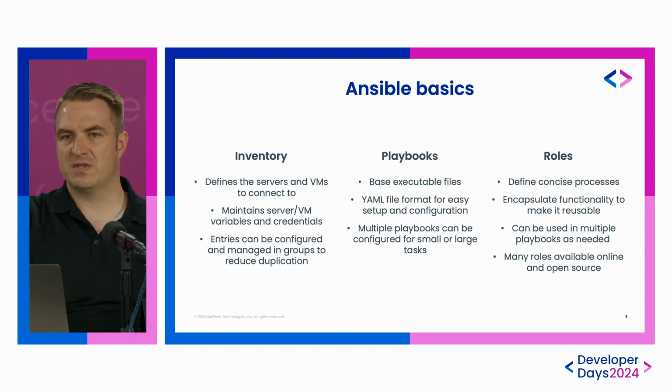It can have roles or it can have tasks directly in it, and you can have multiple playbooks to manage different tasks. And roles, these are the individual processes and the reusable bits of code that you might use within a playbook. You might pull them into another role, but the main value of these is they are reusable.